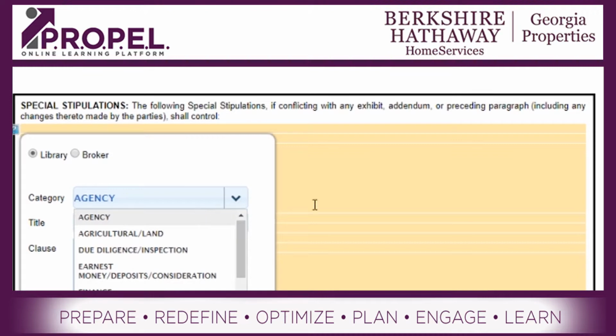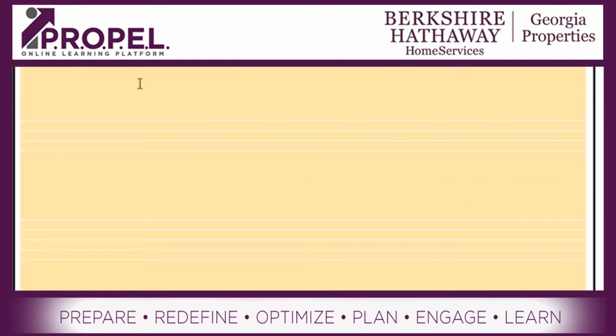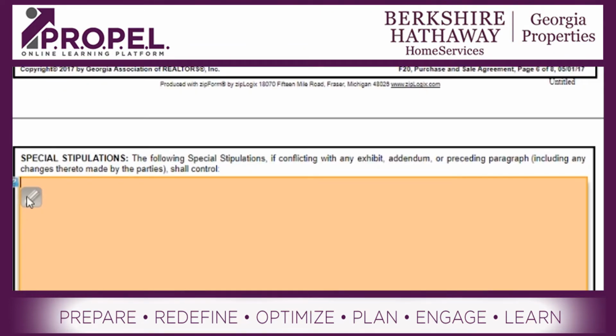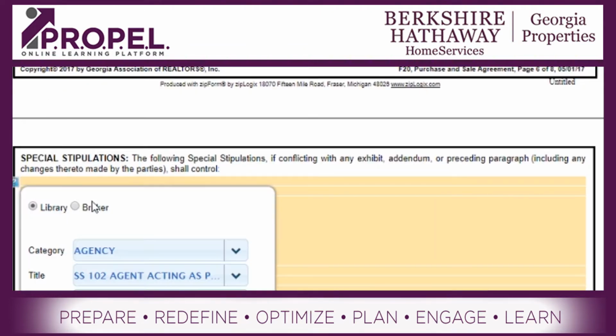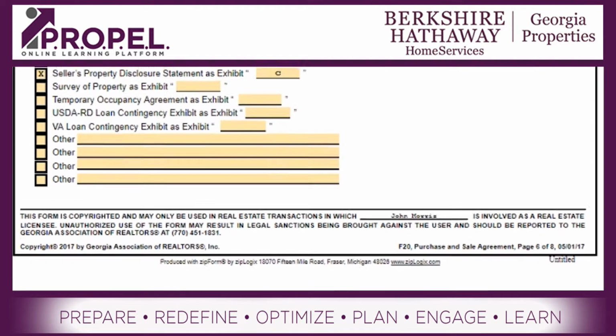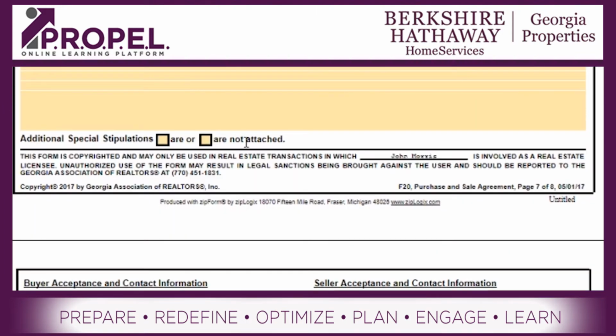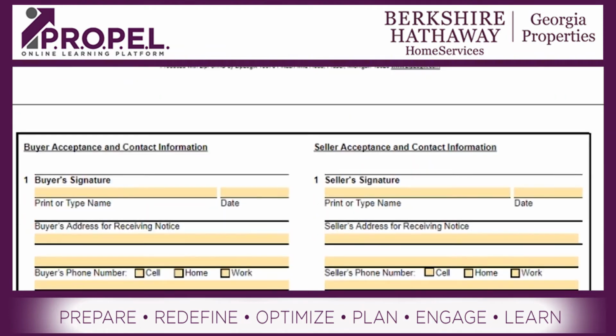So if, let's say, we're going to add the due diligence inspection one, we would choose that and then drop it in, copying and pasting. So basically any special stipulations that you're adding, you pre-select those and then just drop those into your section there. And then if you've got additional pages, you would check either box, or if you do not, you check the box that does apply to that.